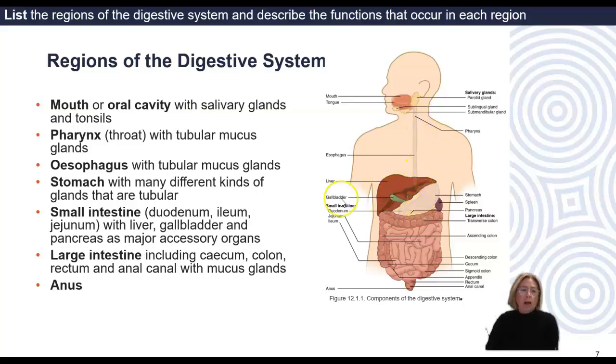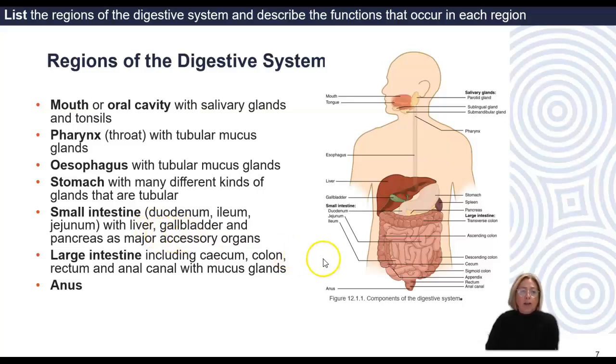The stomach itself also has many different kinds of glands that are tubular. The small intestine then is divided into subdivisions called the duodenum, the ileum, and the jejunum. We'll talk about all of that later. And it also has these accessory organs and glands here too. So the liver, the gallbladder, and the pancreas.